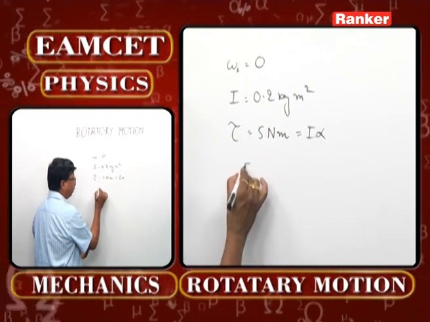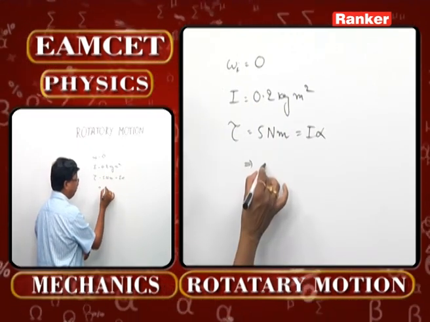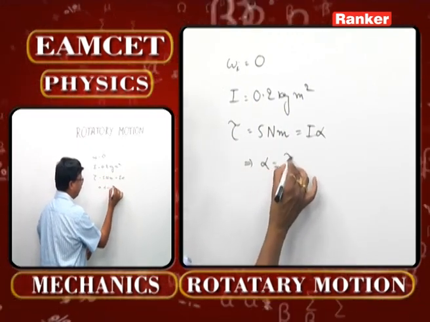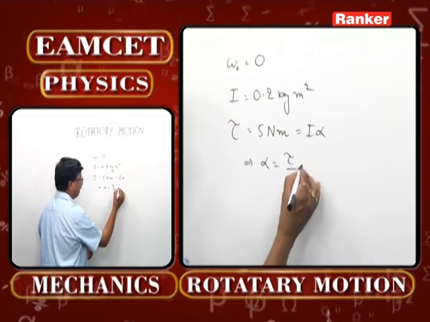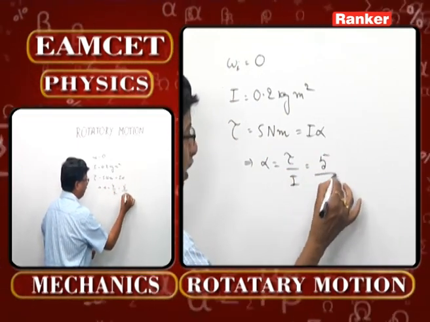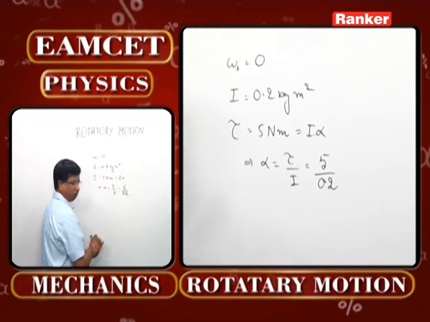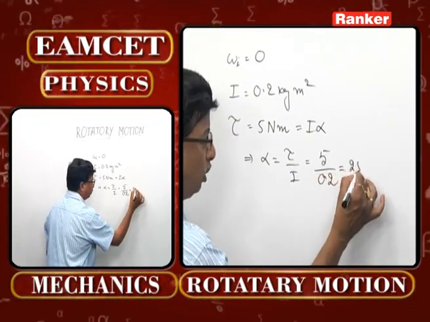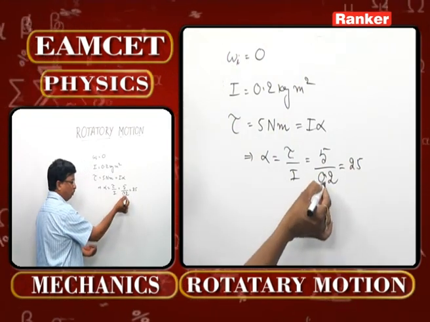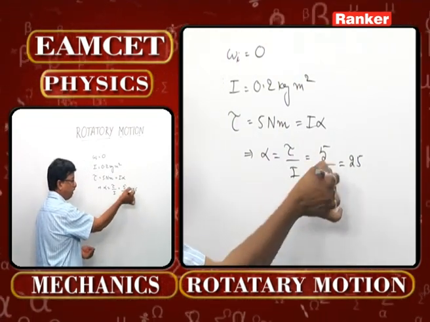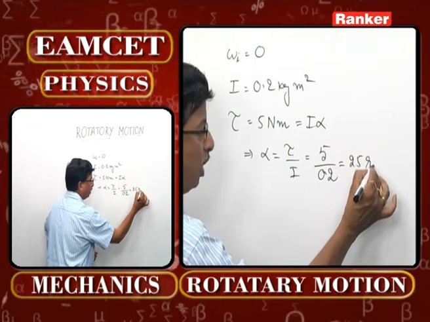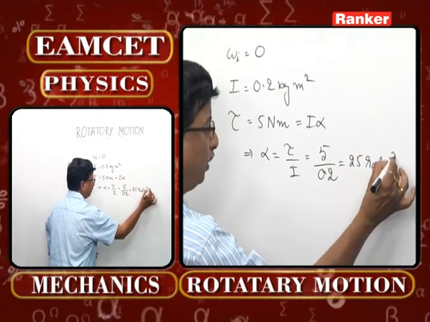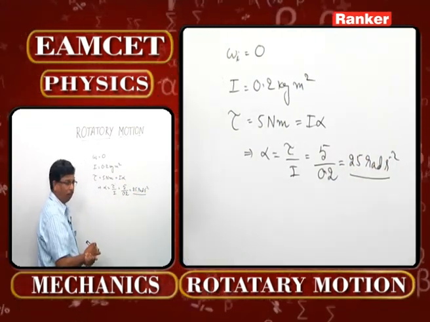Then alpha is equal to torque divided by I, which is 5 by 0.2. Is it not 25? Because 0.2 can be written as 2 by 10, so 50 by 2, that is 25 radian per second square. That is the value of alpha.